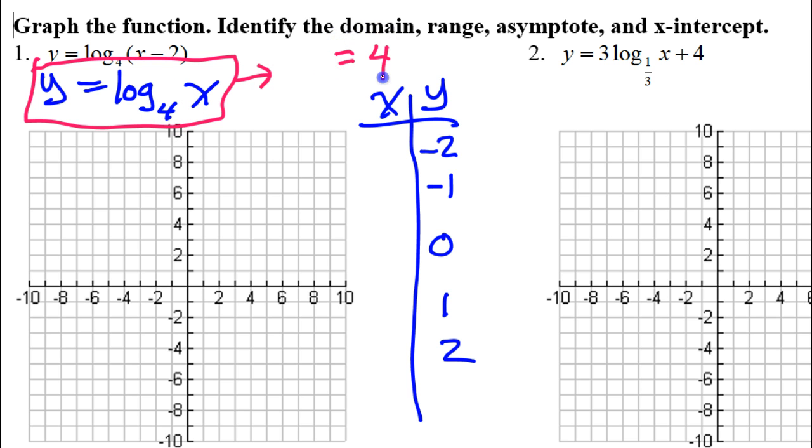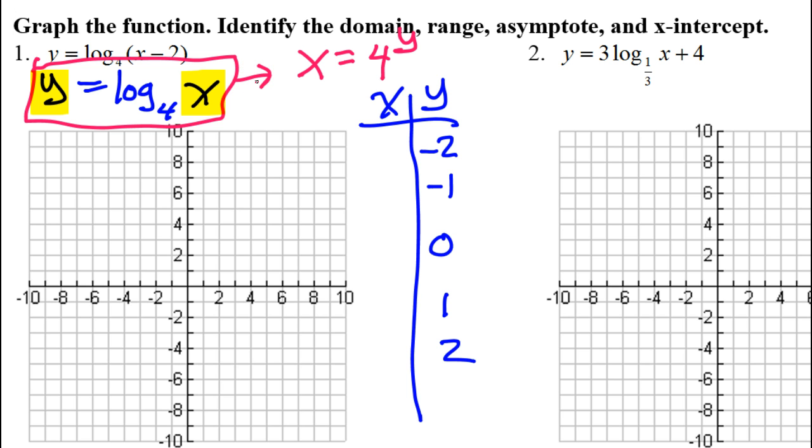So the base is 4, so I'll bring that down. These other two things, the y and the x, they switch places, okay? So that means the x is going to wind up over here on the left, and the y is going to wind up over here on the right, but it's going to become the exponent. So that's how we transform from log form to exponent form.